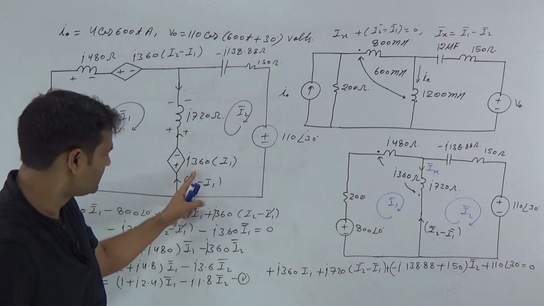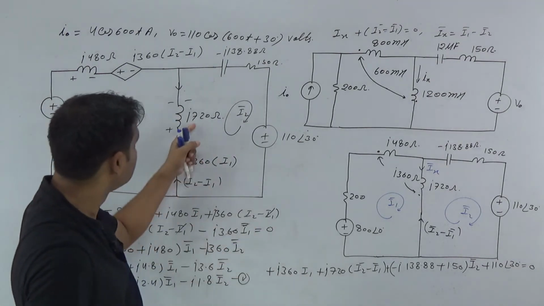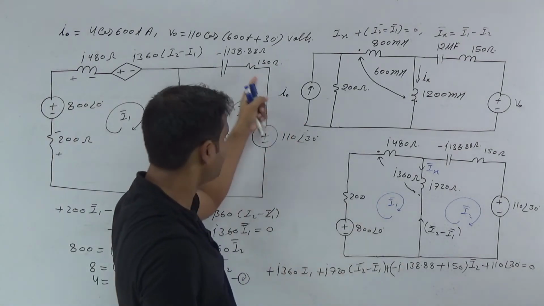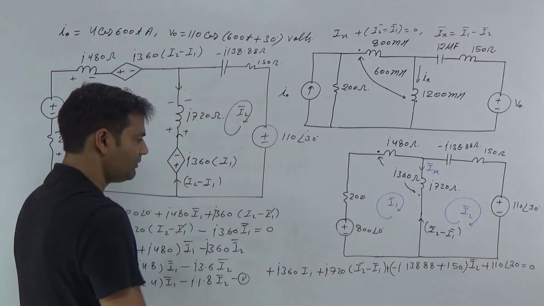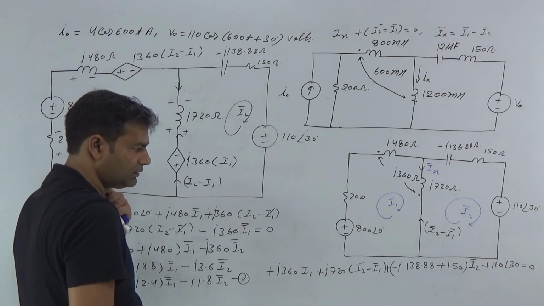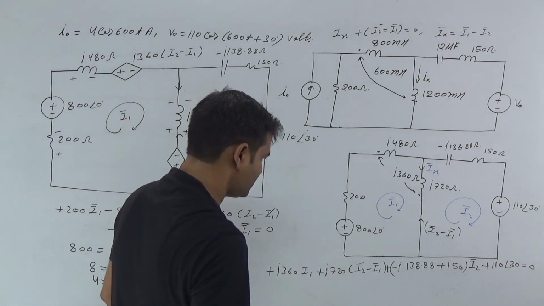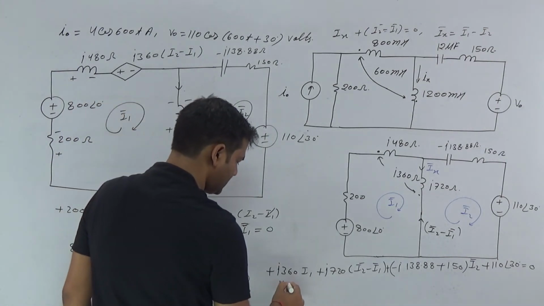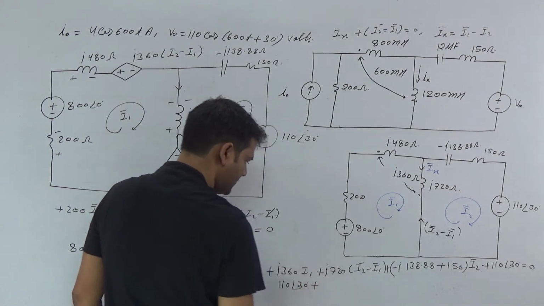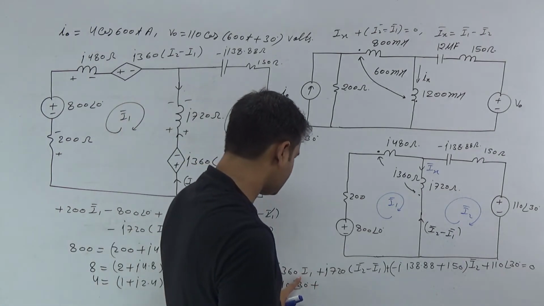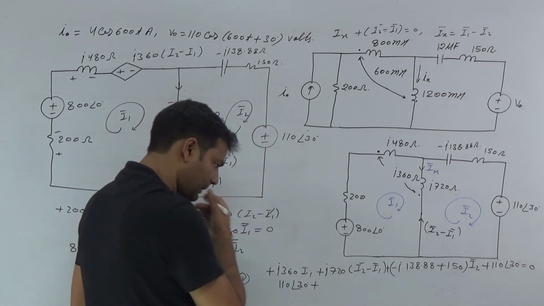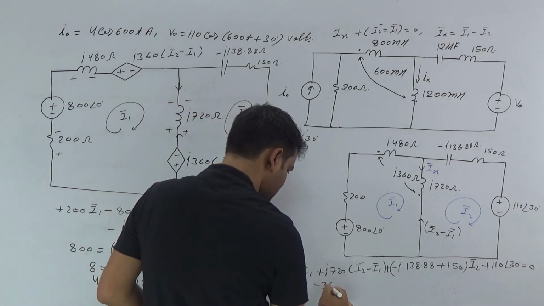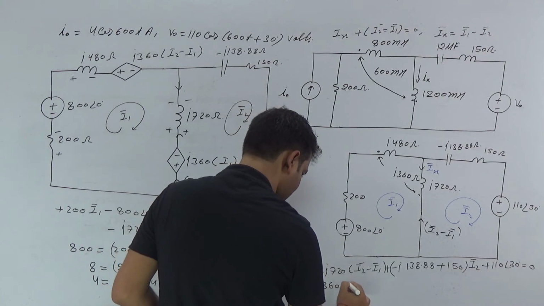Again, minus of this one plus 150. Clear? Now our motto is I1 and I2. 110 at the angle 30 degrees, plus I1: this one and this one, 360. Finally we got minus j360 into I1.